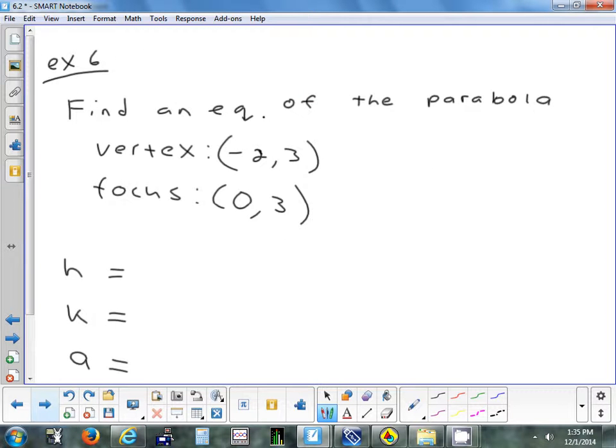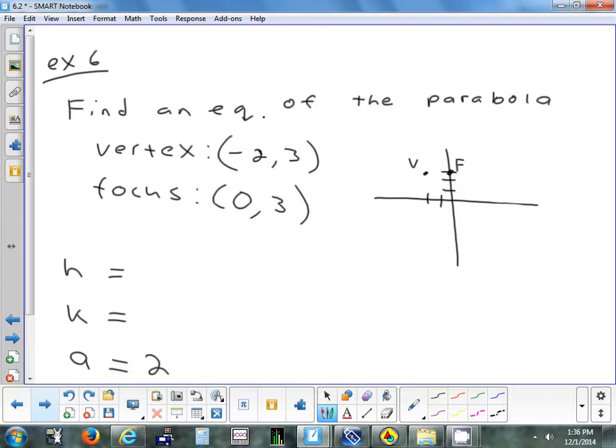How far apart are those points? They're 2 units apart. You have your vertex, left 2, up 3, and then your focus is just up 3. So a is 2.